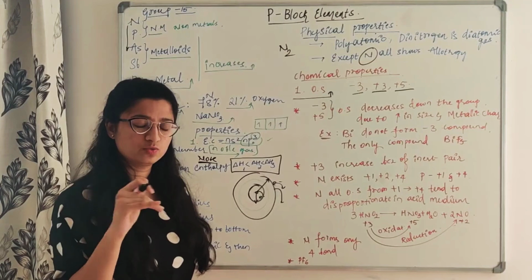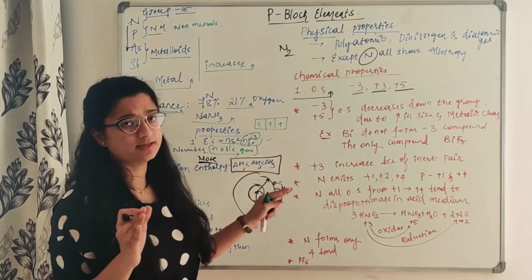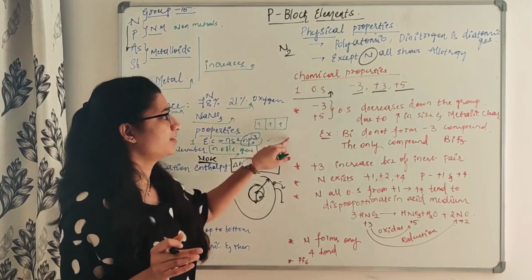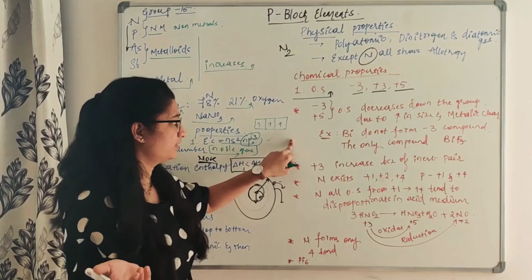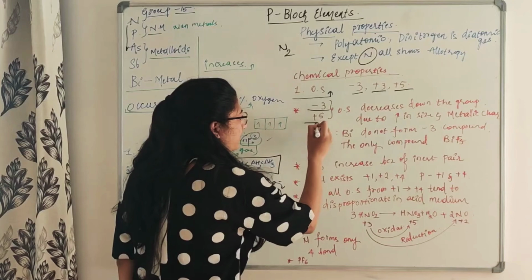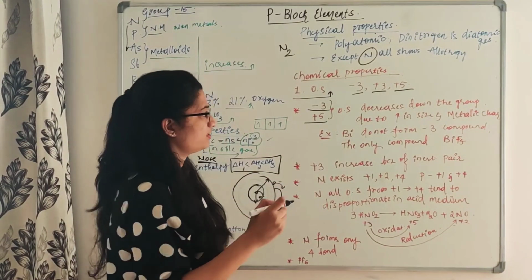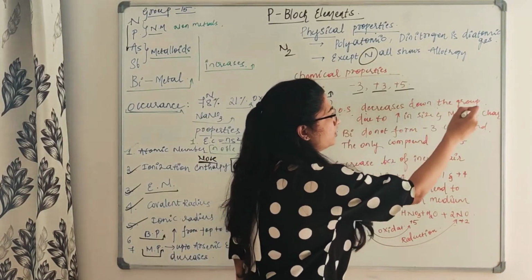Very important. Learn this the same way as the NCERT has explained, the same way I am explaining here, so no need to read any other extra things. Now for the -3 and +5 oxidation states, the oxidation state of these decreases down the group.